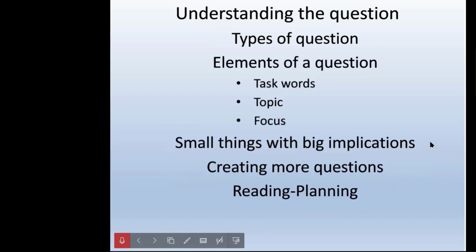So, yeah, we're going to look at understanding the question, the types of question, the fact that there are 3 elements to a question: task words, topic, focus. That there are small things with big implications, little words or things that can be added into a question that you might skip over, but in actual fact, you have to pay close attention to.